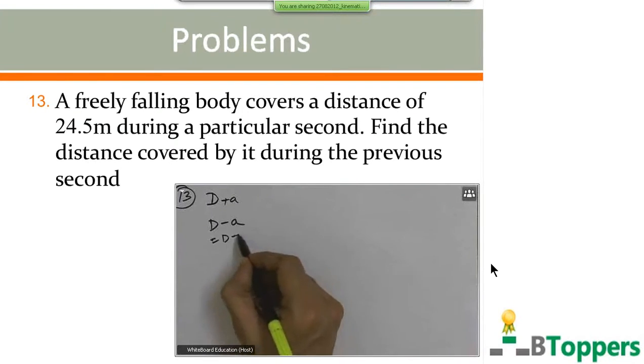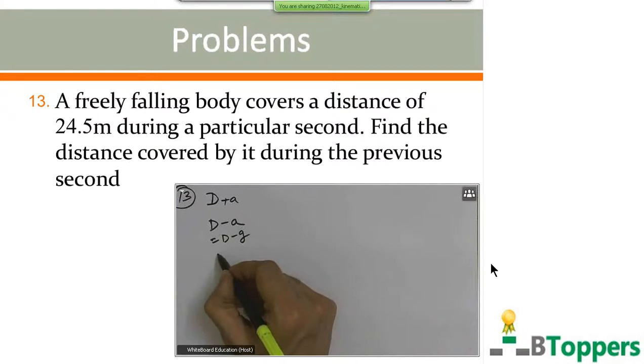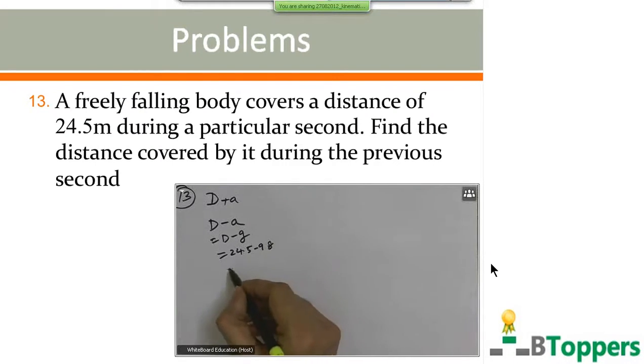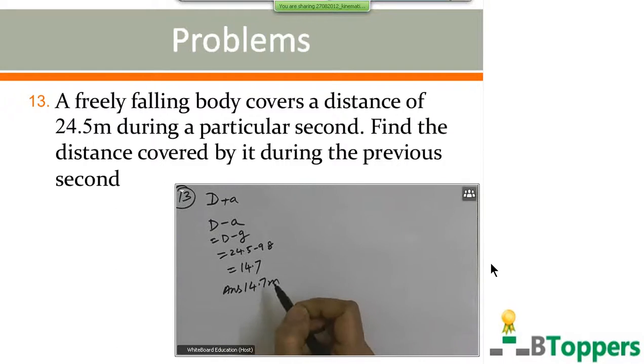For a freely falling body, a equals g. So the distance covered in the previous second is 24.5 minus 9.8, which comes out to 14.7. So the answer will be 14.7 meters.